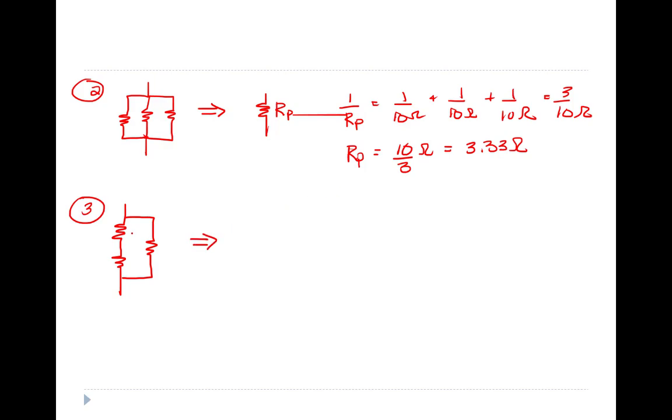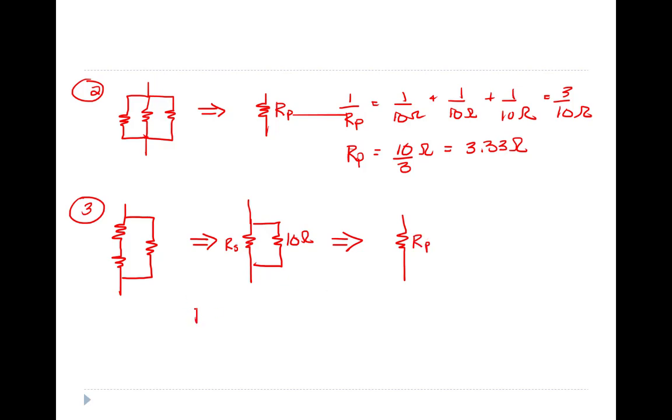The first thing I'm going to do is combine these 2 10-ohm resistors into a series combination. That series combination will be in parallel with the original 10-ohm resistor. Now I can combine those down into one resistance.